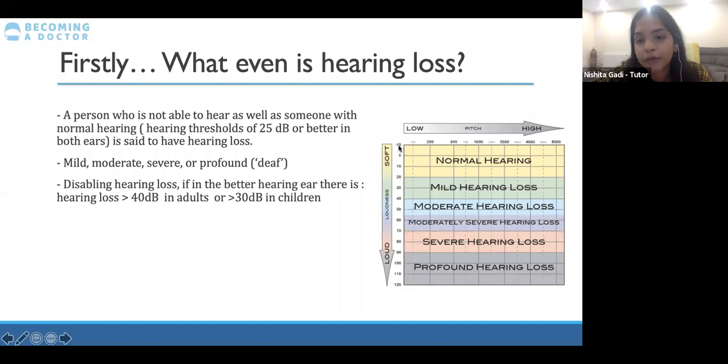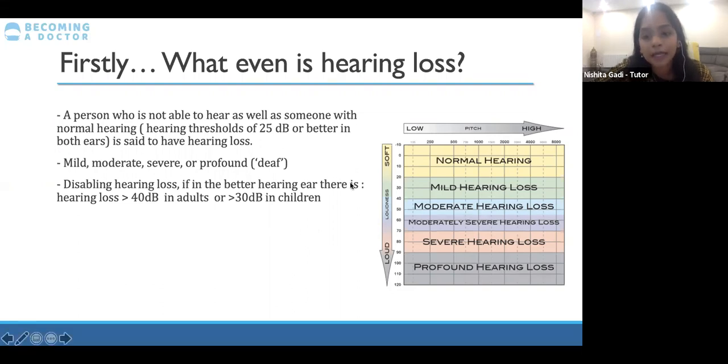Anyone that can hear above 20 to 25 has normal hearing, but if someone is unable to hear as well as someone with normal hearing, then they are said to have hearing loss or a hearing impairment. It's also split into mild, moderate, severe, or profound, depending on the degree of loudness of sound, or the decibels that you can hear.